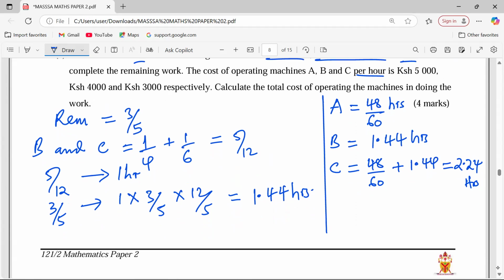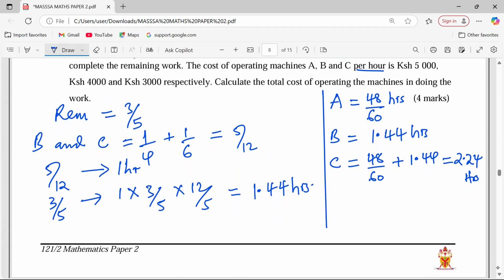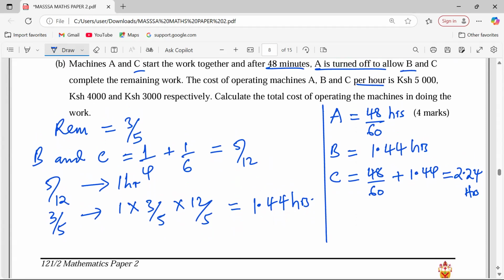So now that we have the total time worked by each individual machine to finish the work, then we can get the total cost of operating these machines. A 5,000. So we talk about 48 over 60 hours by 5,000.